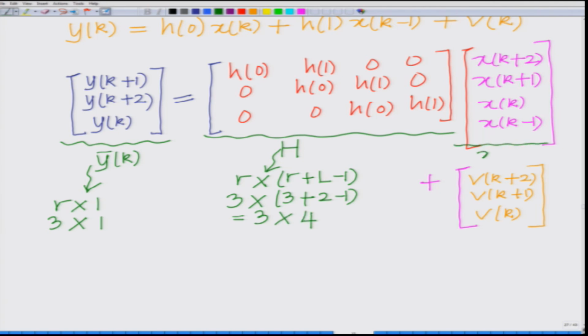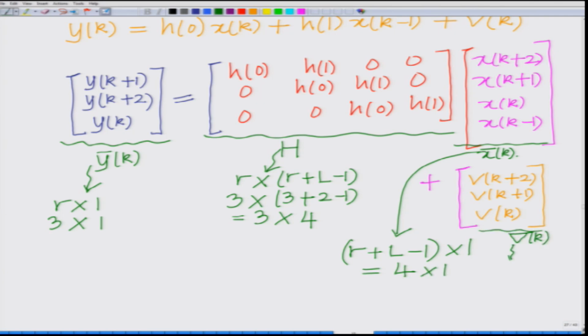This is x bar k, which is r plus L minus 1 cross 1, equal to 4 cross 1, and this is your vector v bar of k, which is r cross 1, a 3 cross 1 vector.